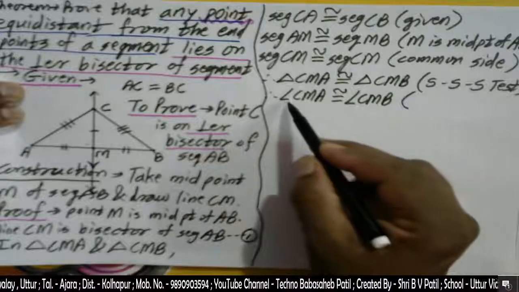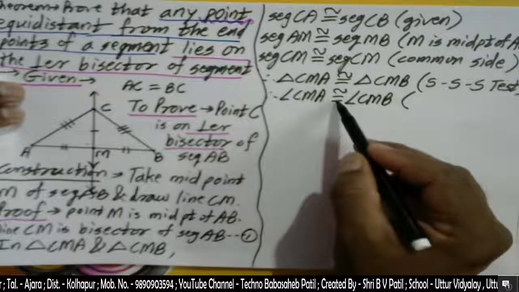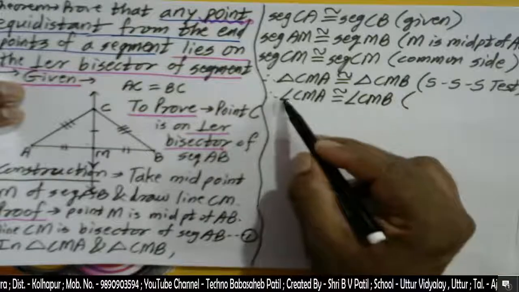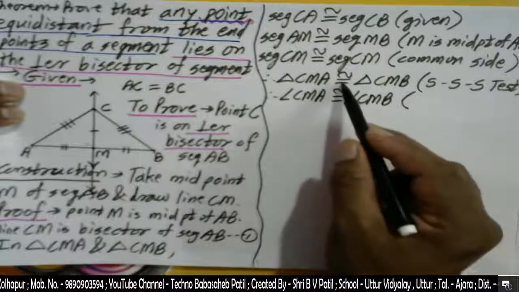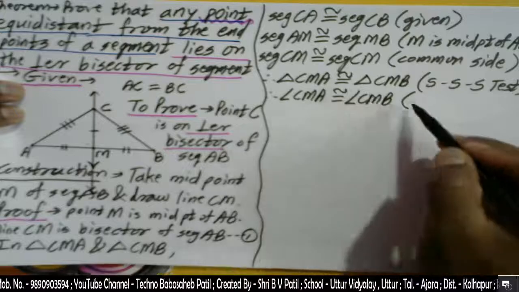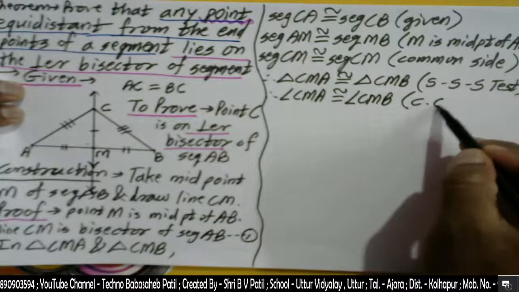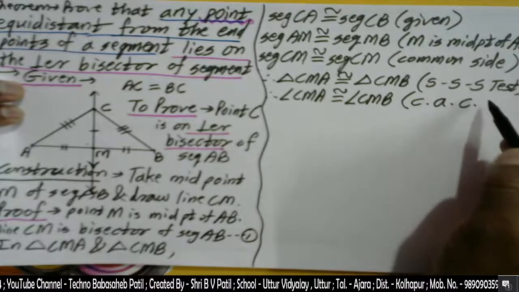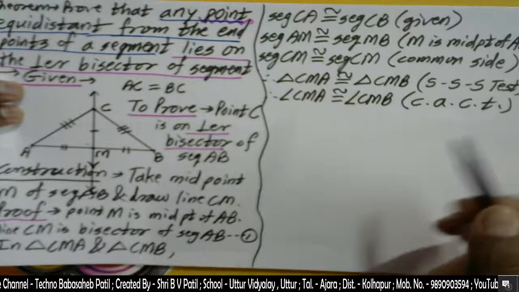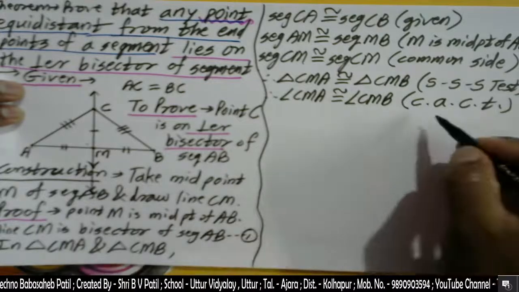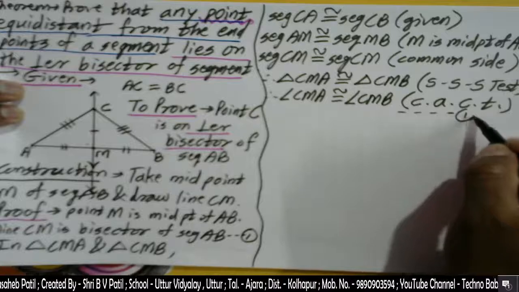The reason is corresponding angles of congruent triangles. That is equation 1.